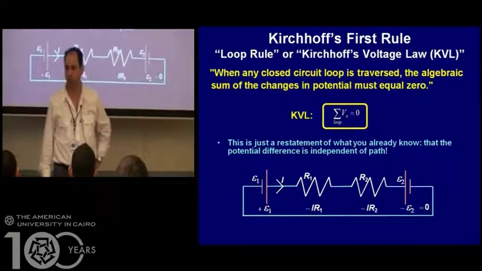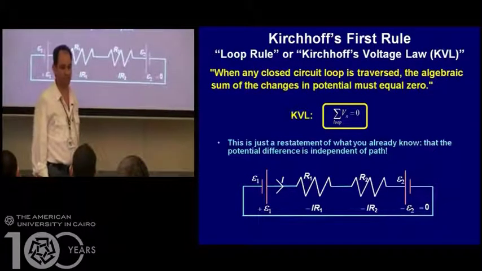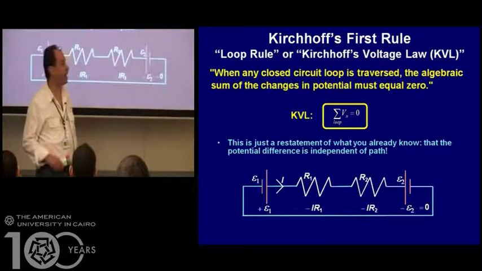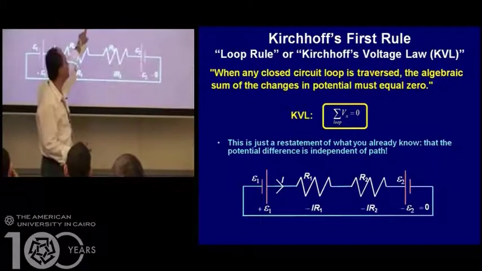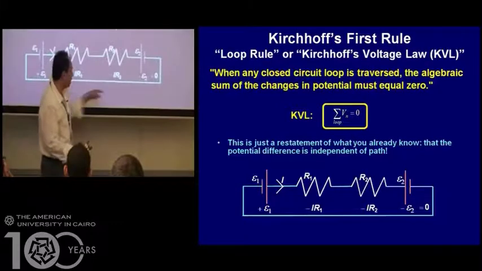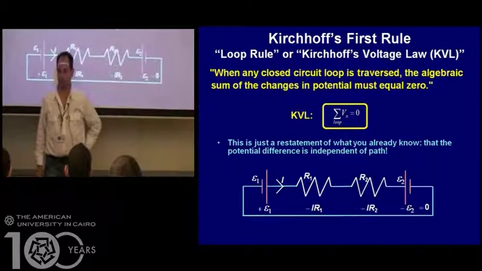If you add all of those together, you get 0. So if you take I as a common factor, you end up with this equation: the sum of the potentials around that loop equals 0.